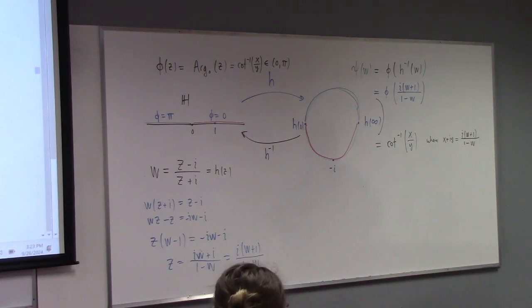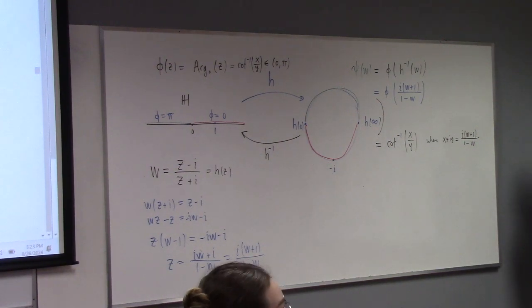Let's work it out. So I'll do it over here. So I've got I times W plus 1 over 1 minus W.